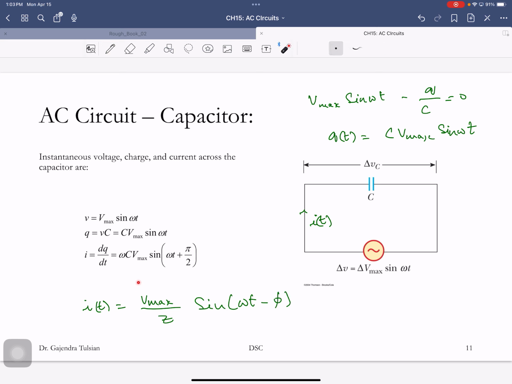If you compare these two expressions, you see that Z is 1 over omega C. So the impedance of this guy is 1 over omega C. As the frequency increases, the resistance of this guy decreases. And phi is minus pi by 2. So the phase shift is minus pi by 2.